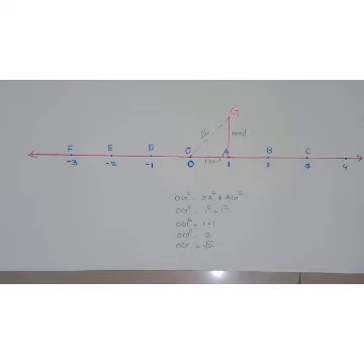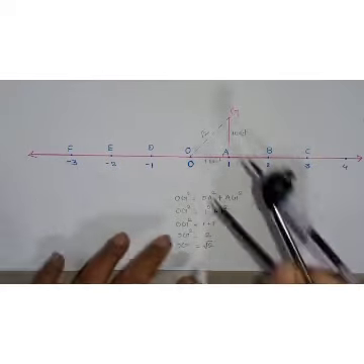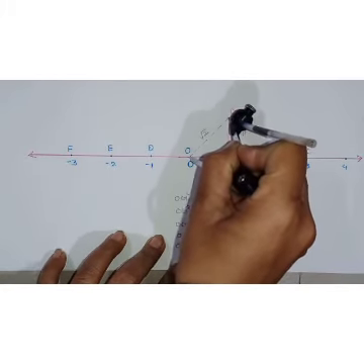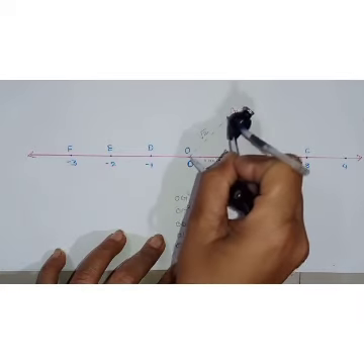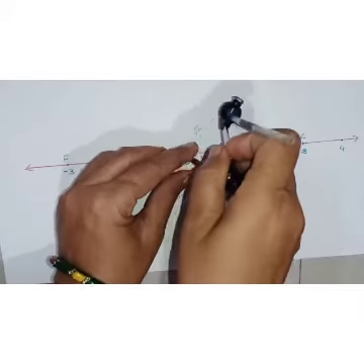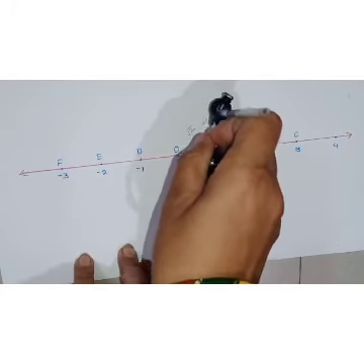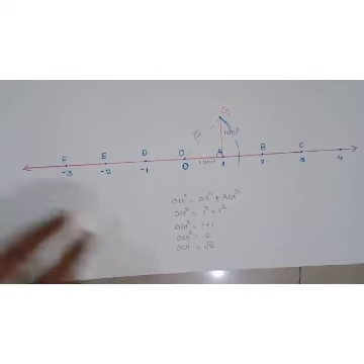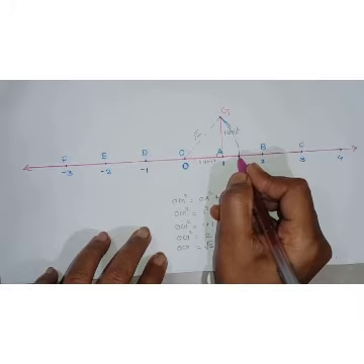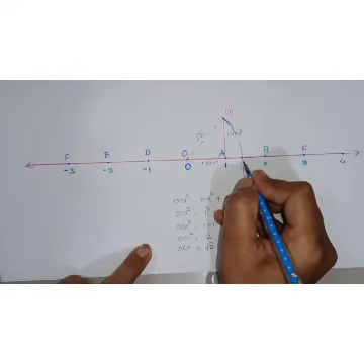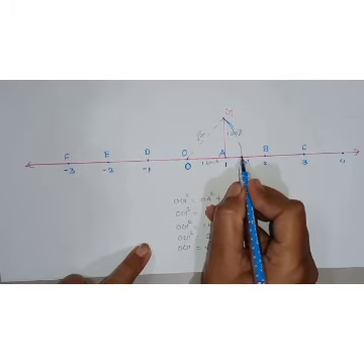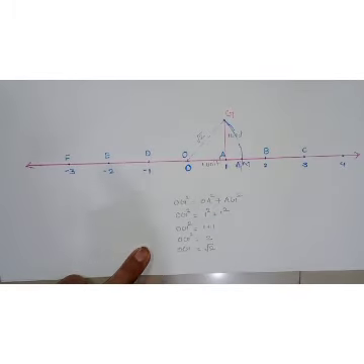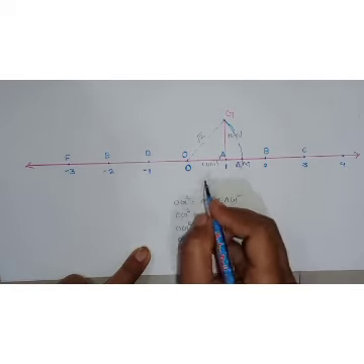Now we will take the distance OG as the radius in our compass and from O we cut an arc which intersects the number line at point M, and this point M, the coordinate of this point is root 2 and the distance from origin to M is root 2.